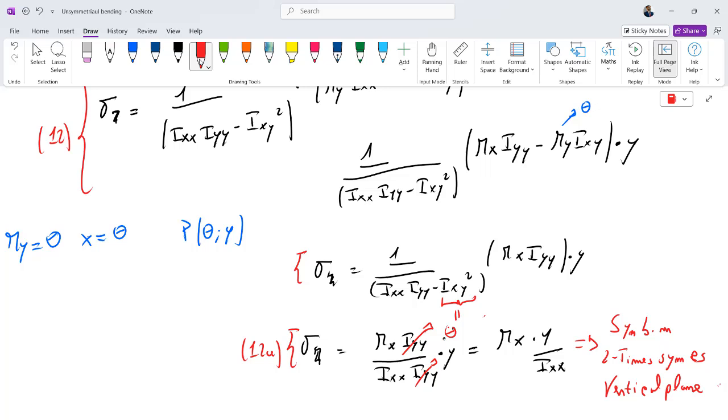That is the same formula of the I-beam exercise made in this playlist, because in that exercise we had a symmetrical bending, a 2 times symmetrical cross section, and a bending applied in the vertical plane as a symmetrical bending moment. So this video is quite long, so now I can stop here.